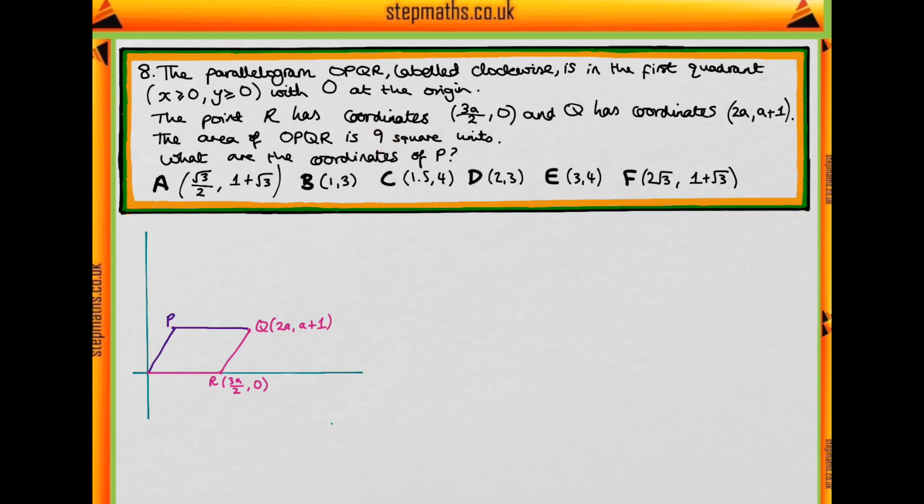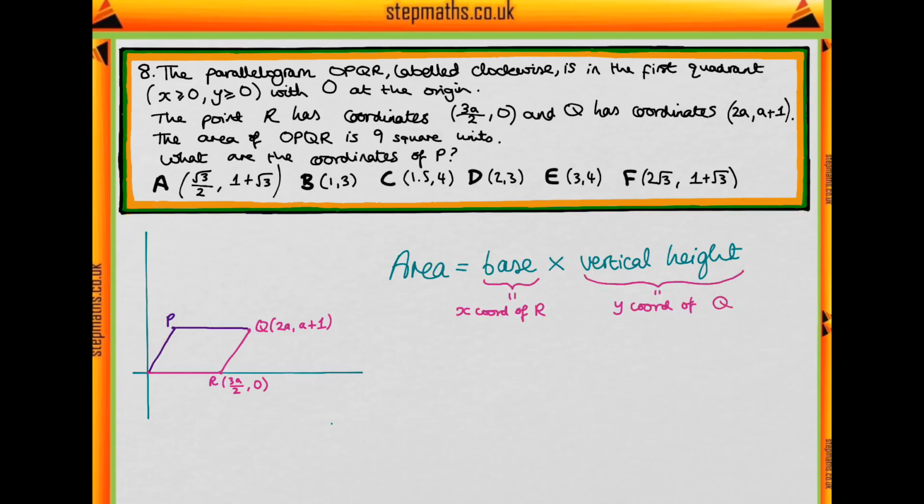The first step of the solution is to use the area, which we know to be 9, to work out the value of a. First, let's recall what the area of a parallelogram is. We take the base and multiply it by the vertical height to give the area. The base is just the x coordinate of R because we're starting at the origin, so this distance is 3a over 2.